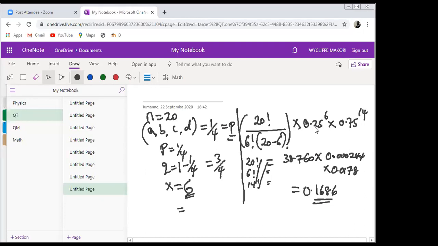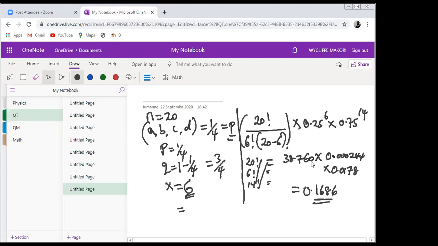Then you close the bracket, times this figure. You open the bracket there and you put 0.75 power 14. Then you close the bracket and then you put is equals to. It gives you the answer directly instead of feeding all these figures.